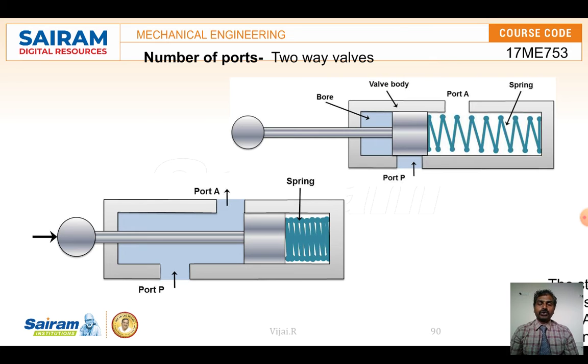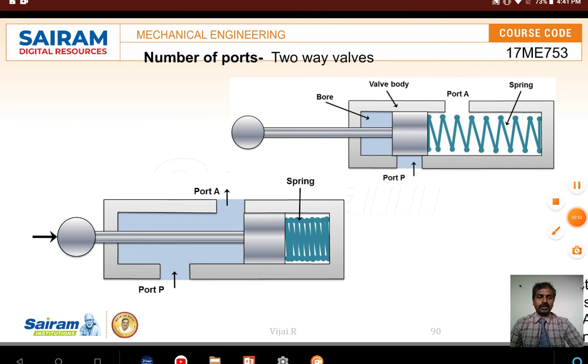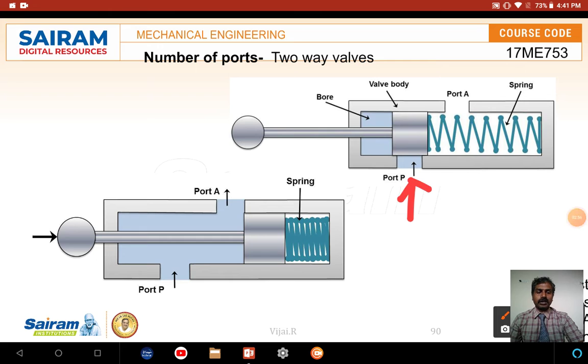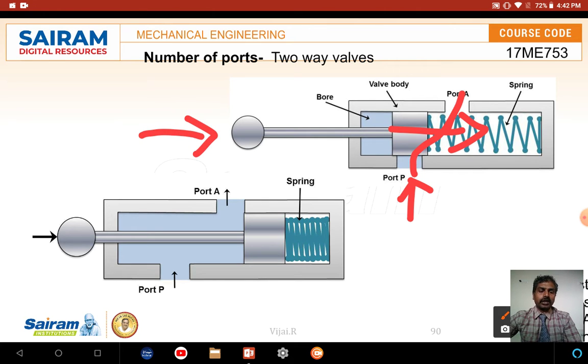In the first picture, liquid enters port A, but the spool closes the way for the liquid. If you want the liquid to flow, we have to move this spool with the help of an actuation mechanism. If you push it, it will move and make a connection.